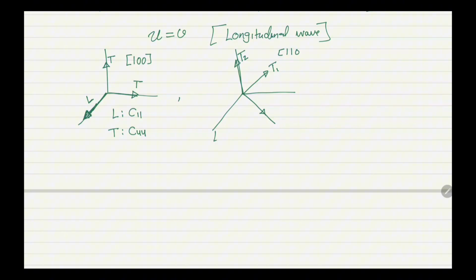The longitudinal solution, as we just saw, is related with half C11 plus C12 plus 2C44, and the transverse 1 is related with half C11 minus C12, and transverse 2 is related with C44.